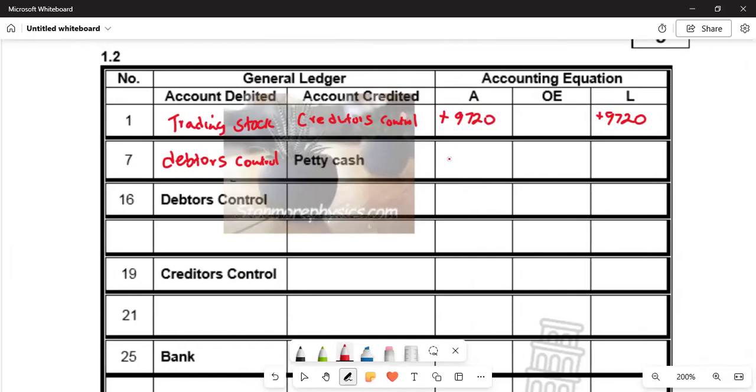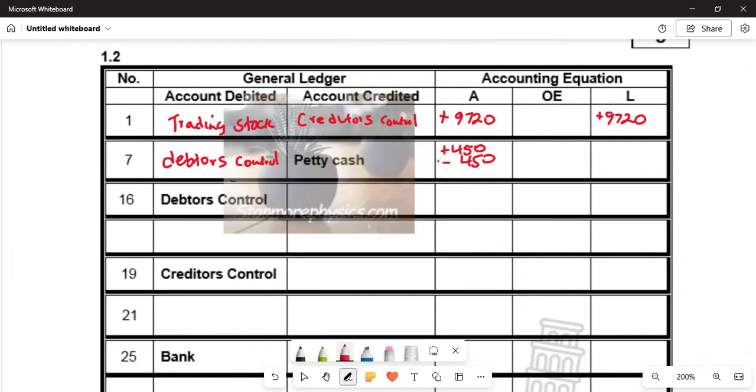So the effect on the accounting equation: petty cash is cash, it is an asset. Also the debtors fall under the assets. So both of our accounts are assets. So now we are going to have plus 450 as well as minus 450.